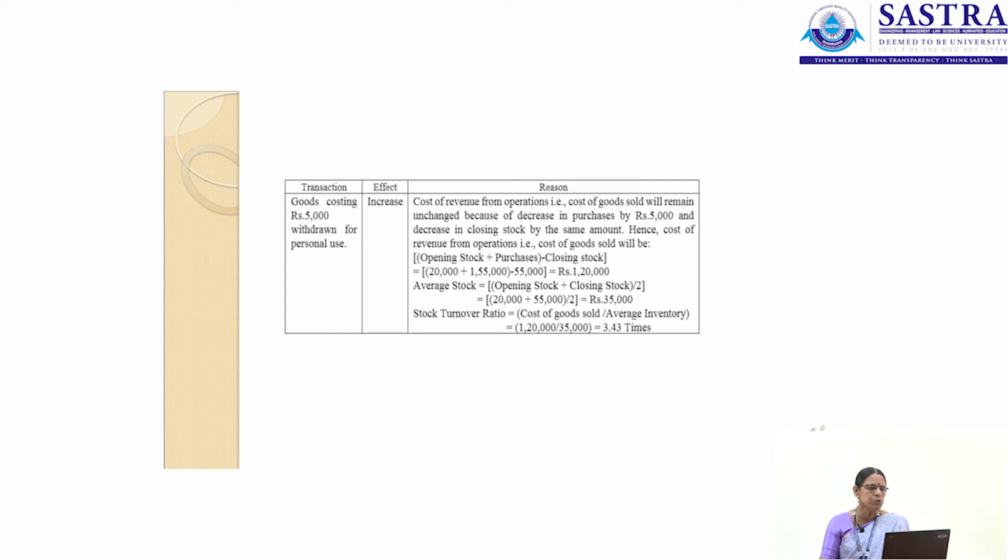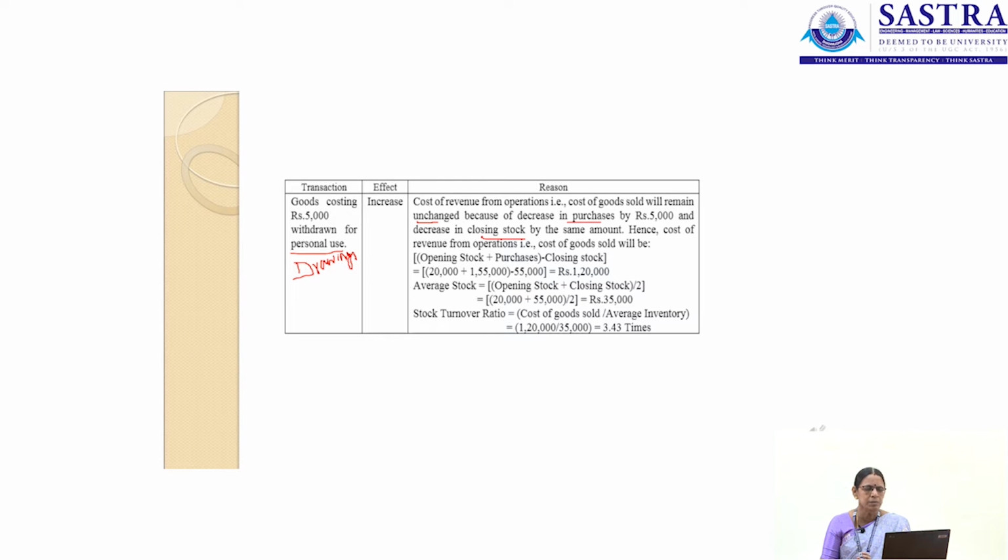Next is goods costing rupees 5,000 withdrawn for personal use. When we say personal use, it is drawings. So when we have drawings, any amount will be taken by the proprietor for his personal use only at the cost price. So it will have an impact over your stock. Now cost of revenue from operations will remain unchanged, because the purchases will decrease by 5,000 and the closing stock will also decrease by 5,000. Because only from purchases, the proprietor will take the amount for his own personal use or to his home.